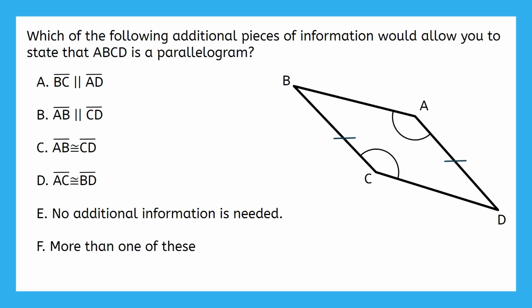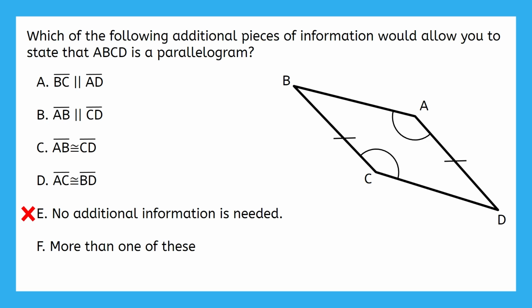We have one pair of opposite sides that are congruent, and one pair of opposite angles that are congruent. On its own, that is not enough information to say ABCD is a parallelogram. So we can rule out answer choice E. Let's go through A through D one at a time to analyze what information they give us.